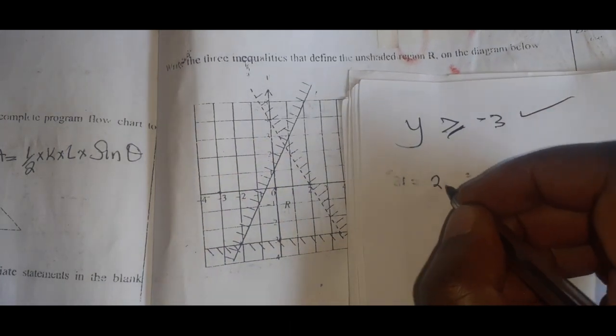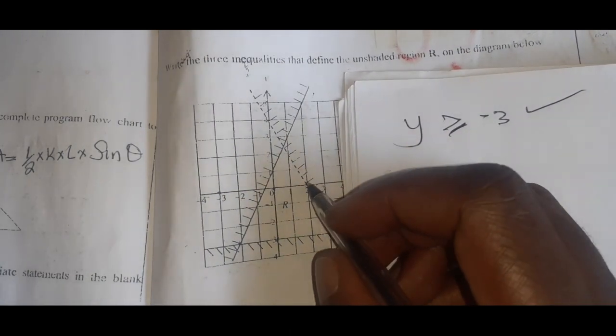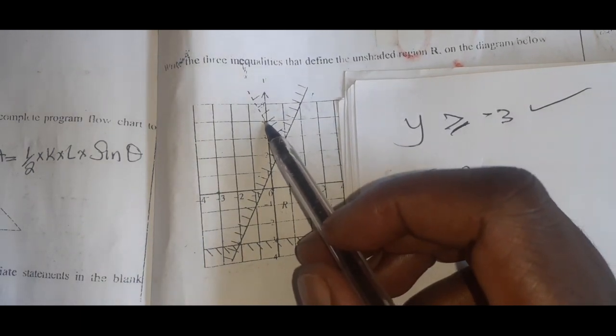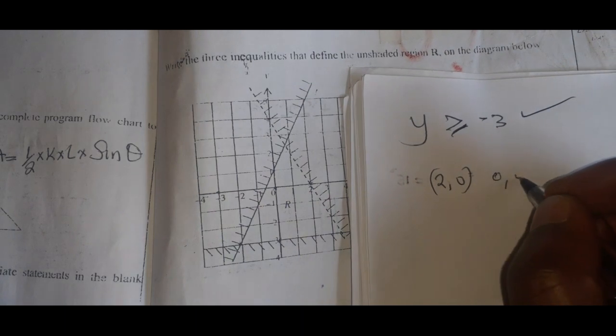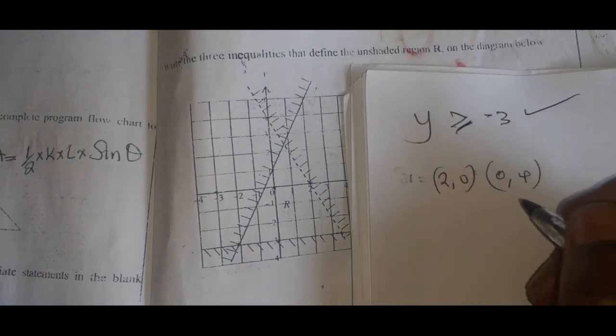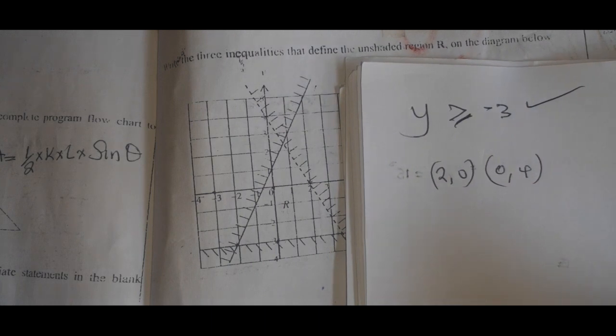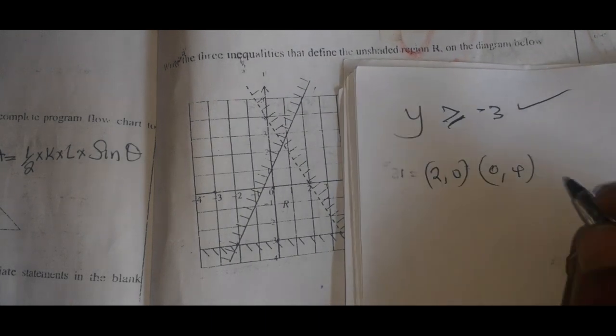So we can have 2,0, which is this point. The second point is this one, which is 0,4. So we need to find the gradient of this.